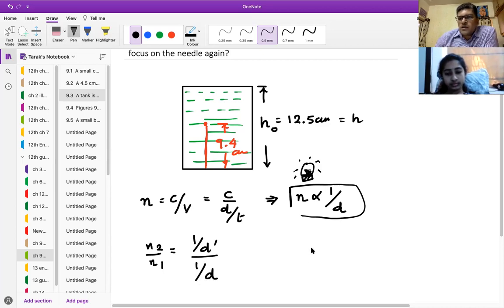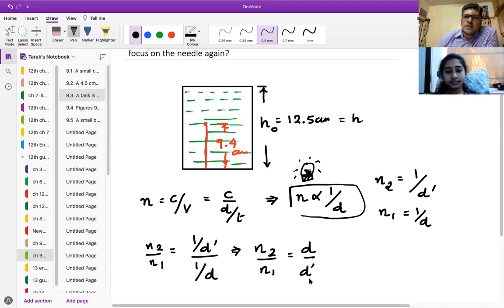Because c is constant, it doesn't change anything. n2 is the water medium, or whatever liquid is given, so 1 upon d dash, and n1 is air, which is 1. So n2 divided by n1 is d divided by d dash.